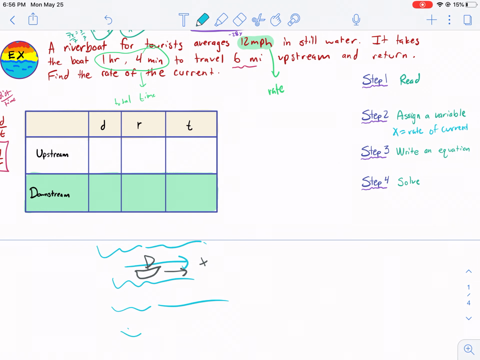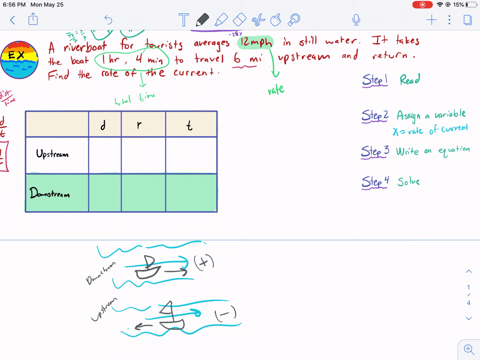We have our lovely river here, and this is the current, but now we have our boat, and it's going upstream. So this was downstream. This is upstream. What happens? Well, we're going to subtract. Okay? They fight each other, so they're going to subtract. We have the difference of their rates.